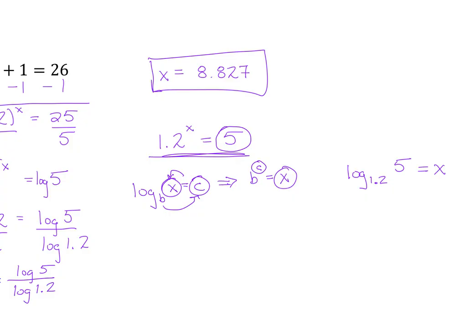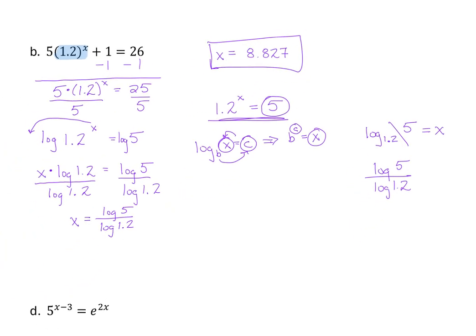We can't do log base 1.2 of 5, but we can do log 5 divided by log of 1.2. And that's exactly what we did when we took the log of both sides: we got log of 5 divided by log of 1.2. This is where our change of base formula comes in. All right, let's go ahead and look at some other examples and see what we can do.